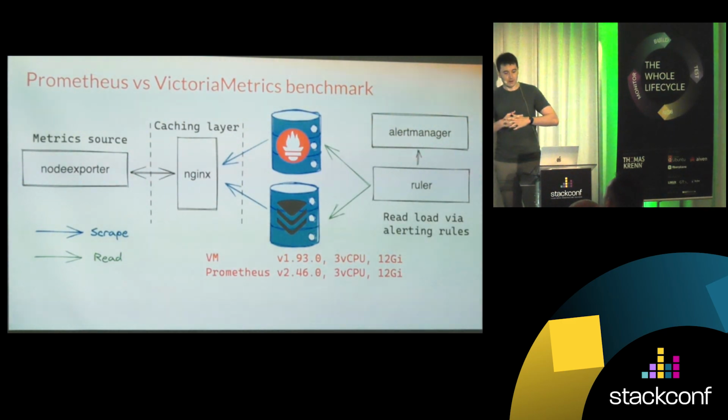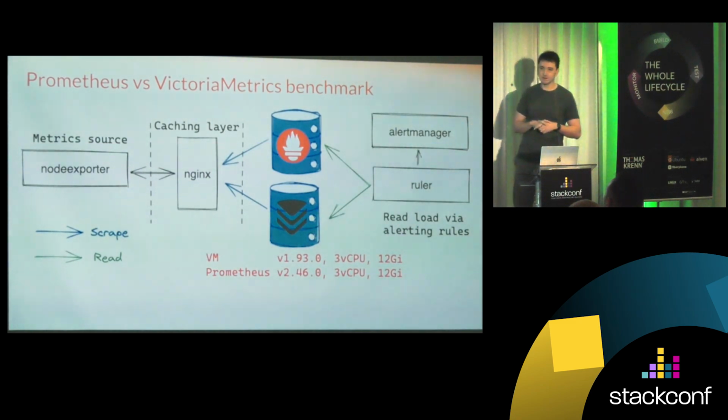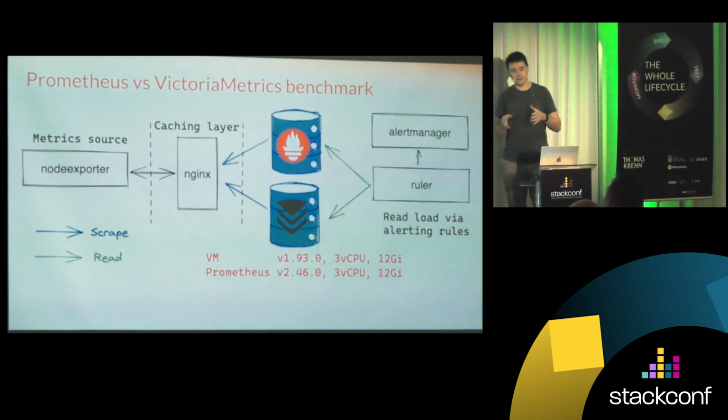But after I did some tests and asked in the Prometheus community, it turns out that Prometheus is not really efficient at accepting writes, compared to doing scrapes. Scrapes are much more optimized for Prometheus, and ingestion is more of a workaround. So I decided to tweak the benchmark a bit.